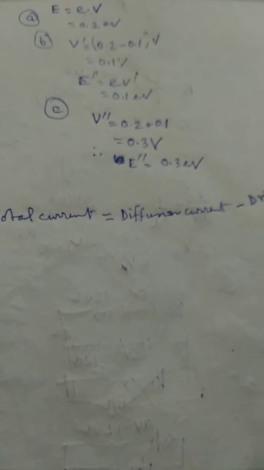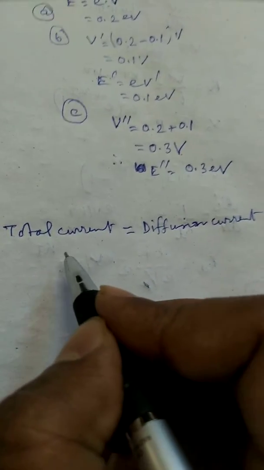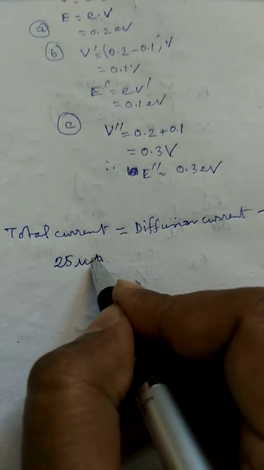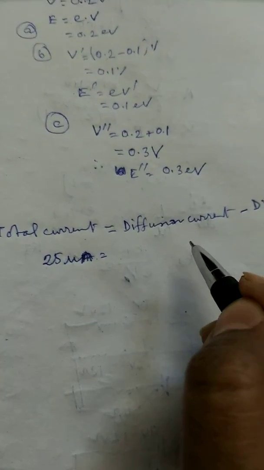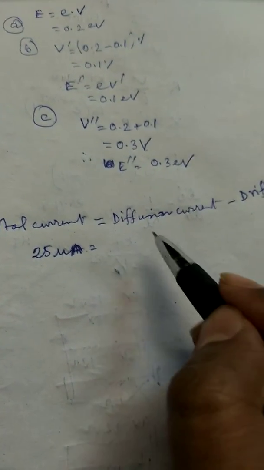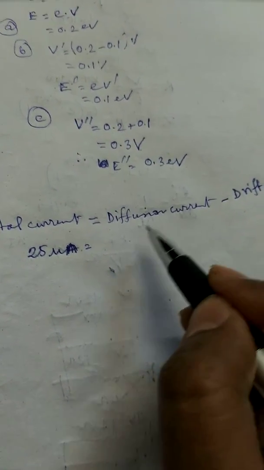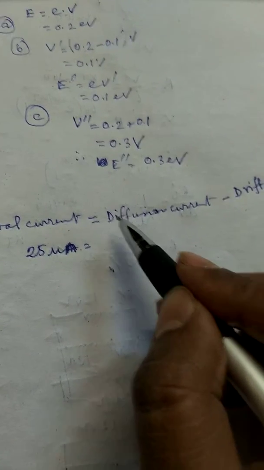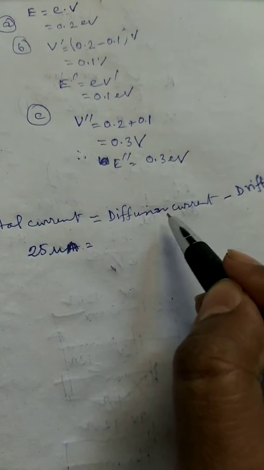So total current. They are telling us that the current when it is reverse biased is 25 microampere. The current means the total current. So in reverse bias, the majority current becomes zero, right?